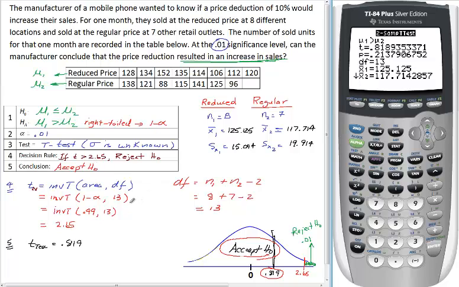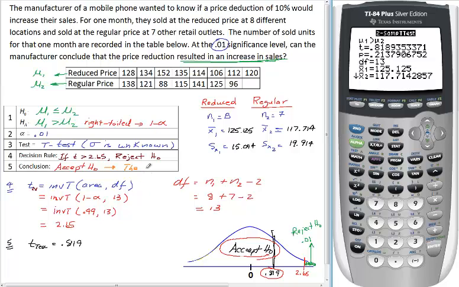And you should write that conclusion out in words. Now, what does that mean? Well, remember what the question asked: did the price reduction increase its sales? And of course, the alternate hypothesis is that it does, and what we accepted is the null, that it doesn't affect the sales. So if you had to write this out in words, you would write something like, the price reduction did not increase sales.